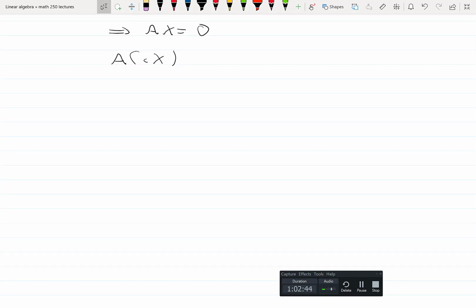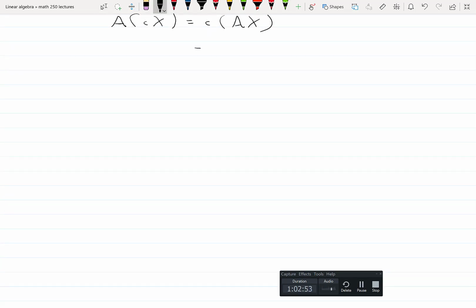Matrix properties. C is a scalar. I can factor that scalar out. Well, what's A times X? It's the M by 1 column vector of zeros. C times 0 is 0.